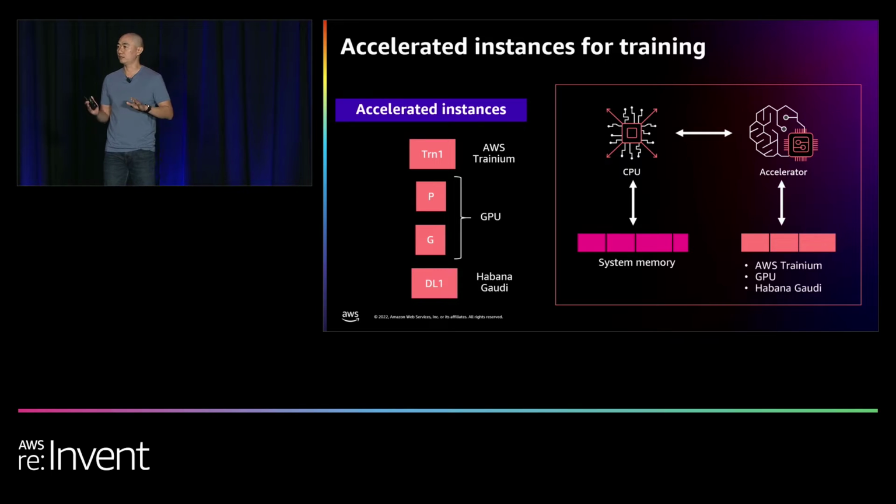Regardless of the specific instance type, if you take a step back and look at the architecture of the server, they always come with two types of components for compute. One is the CPU host, which manages the server and has access to the system memory, and the other is the accelerator with its own accelerator memory.